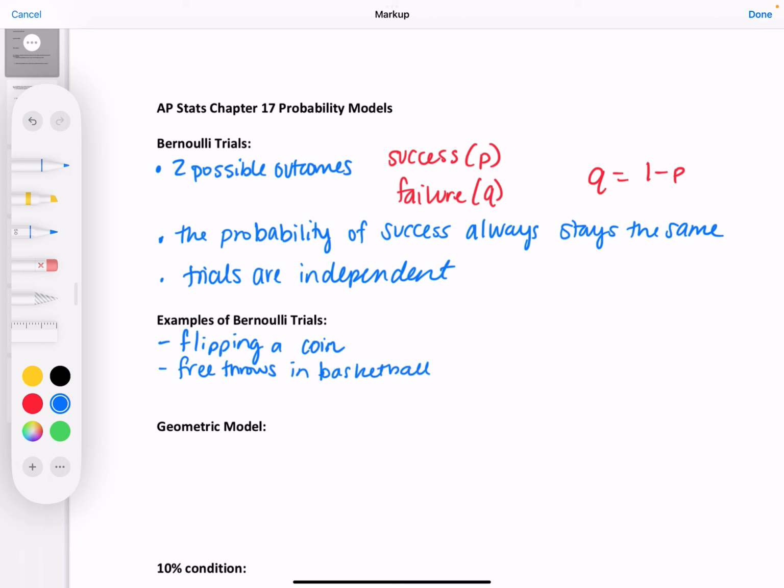You either make or you miss. Or something like looking for a defective product on an assembly line.